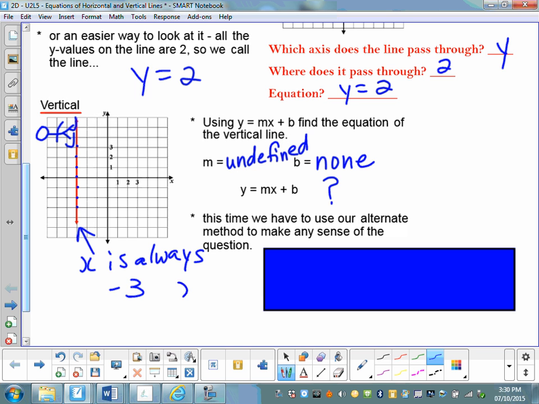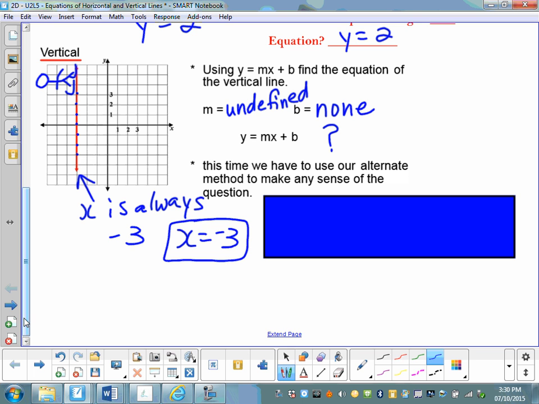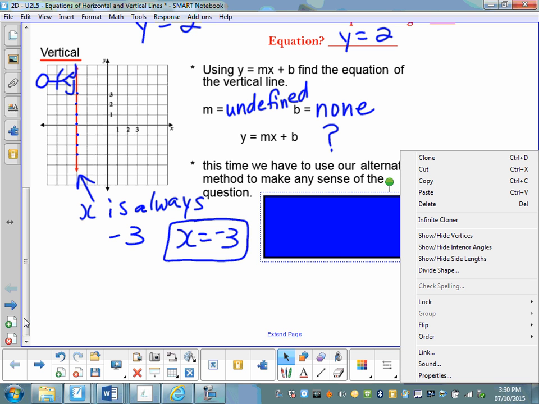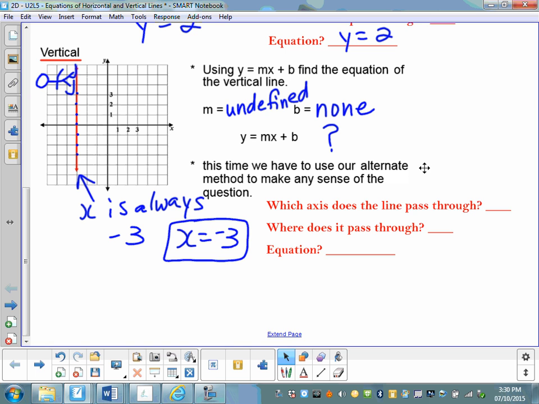So the equation of this line is x equals -3. And if we use the method that I did above, which axis does this line cross? This line is crossing the x-axis, and it passes through the x-axis at -3. So the equation of this line is x equals -3.